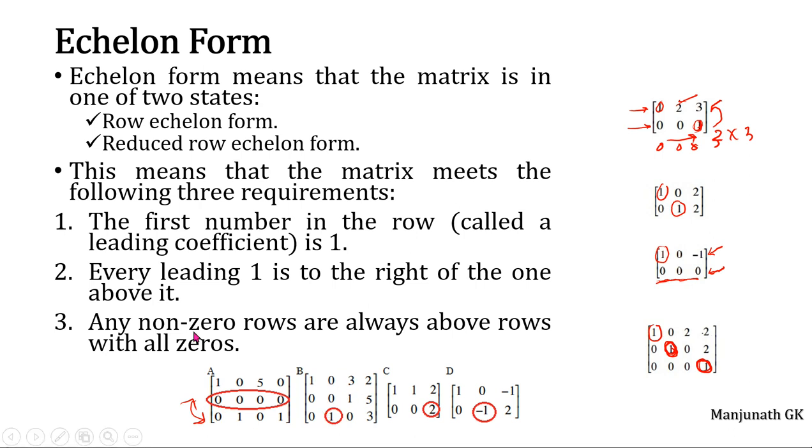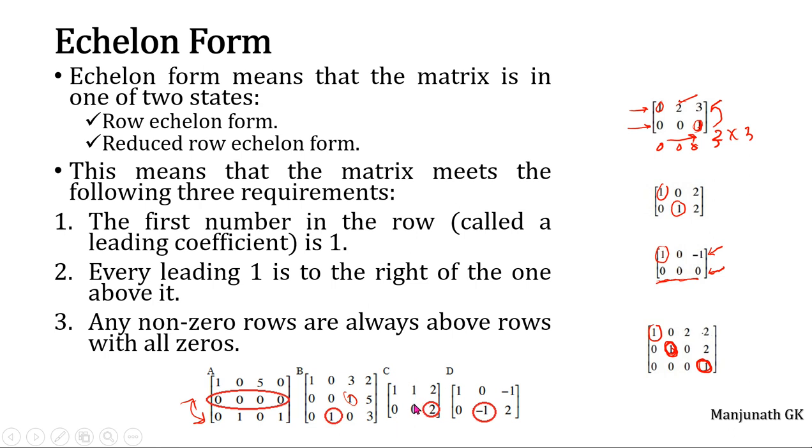Okay, matrix B, the second condition is not satisfied. See here, this one should be to the right of the leading coefficient of the row above it, but here the leading coefficient of the above row is at the right, so it is at the left side, so matrix B is not in echelon form.